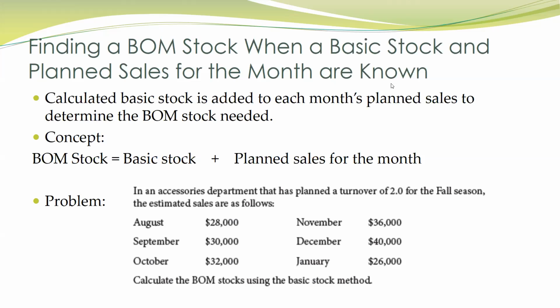Yes, the basic stock is 64,000. So now go ahead and calculate the BOM stock for, let's do August and January. Just separate it by a comma when you're responding.